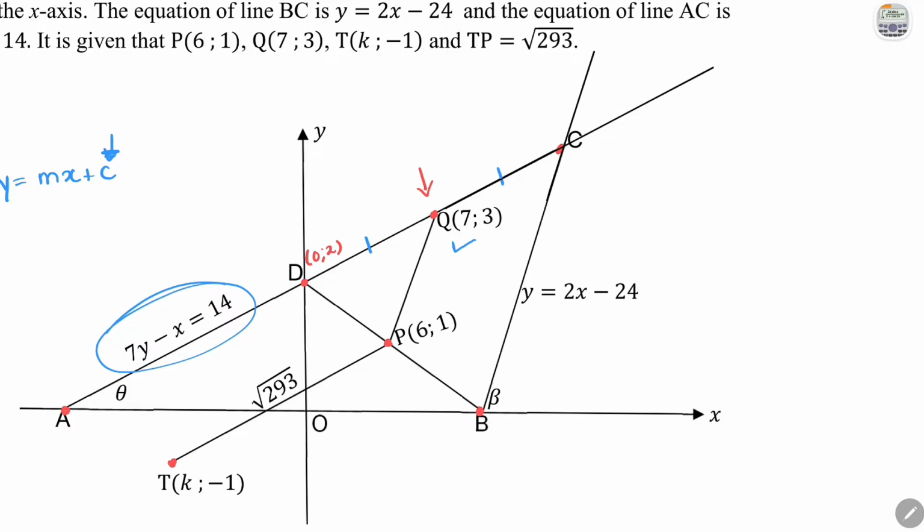Now to calculate the size of this angle, we can draw an imaginary line parallel to the x-axis, right at that vertex, at that point where C is created.